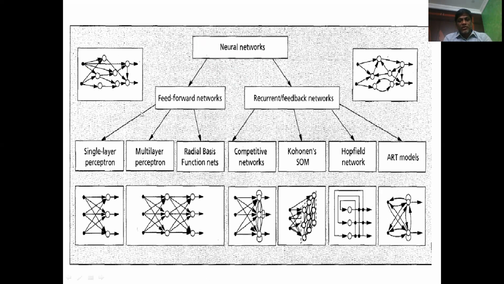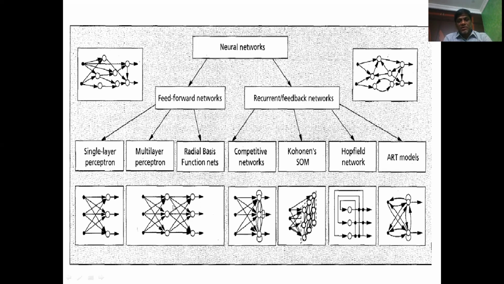Under feed-forward neural networks, there is single-layer perceptron, which contains one layer only, and multi-layer perceptrons, where multiple layers are available. Single layer means single output layer and single input layer. Multi-layer perceptron means there will be one input layer, one output layer, and some hidden layers in between. And the radial basis function neural networks are also feed-forward networks.